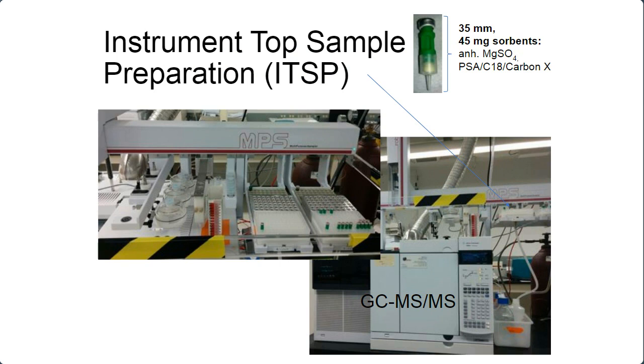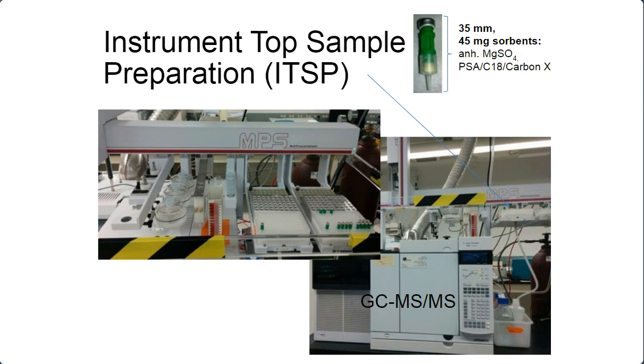They're 35 millimeters long and contain 45 milligrams of sorbents, including anhydrous magnesium sulfate, PSA, C18, and carbon X. 300 microliters of QuEChERS extract is passed through this cartridge at a speed of 2 microliters per minute, and the cleaned extract is collected and injected into GC-MS/MS.